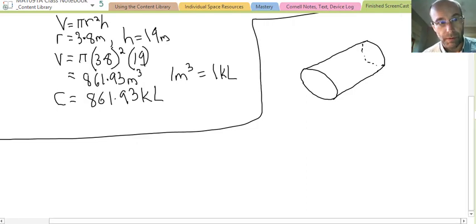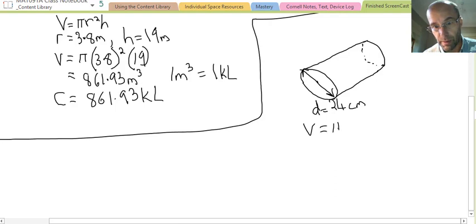What about a different cylinder, if we're given, instead of the radius, the diameter, which is the distance right across through the center of the circle? Let's say the diameter given on a cylinder is 24 centimeters. How do we do that? Because the formula V equals pi r squared times h has an r in it, and that doesn't have an r, that has a d.